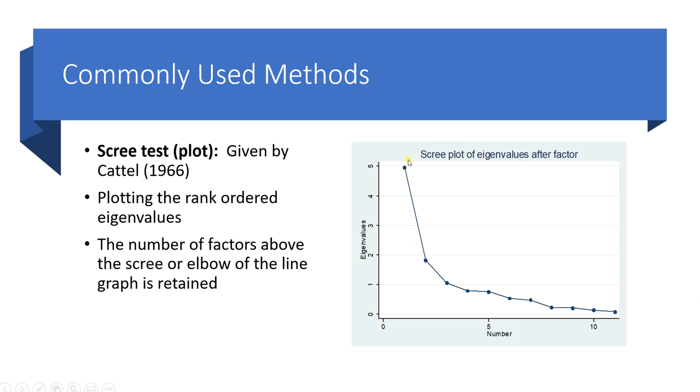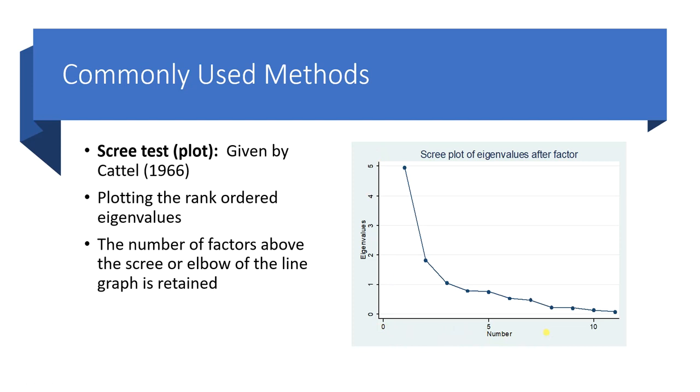So the highest eigenvalue is plotted, then the second highest. So this is in fact the ordered eigenvalues plot. We can say in one line that a scree plot is an ordered eigenvalue plot in which the eigenvalues are represented on the y-axis and the number of components or factors on the x-axis.